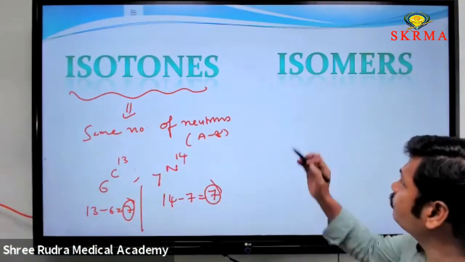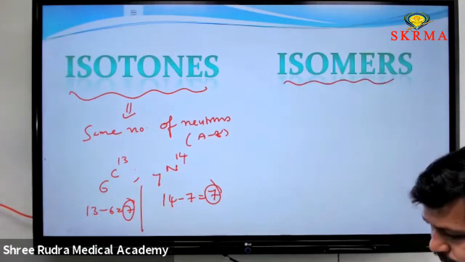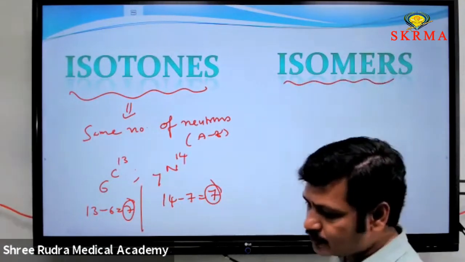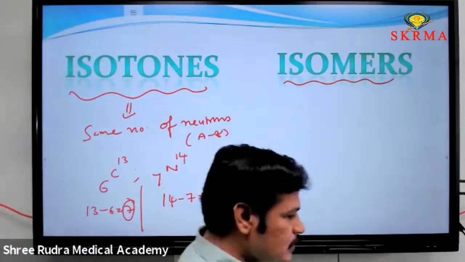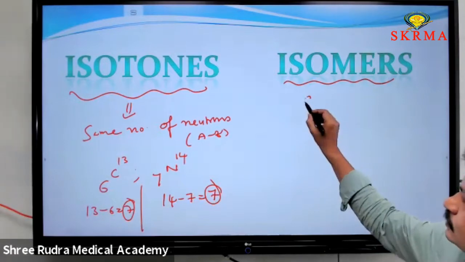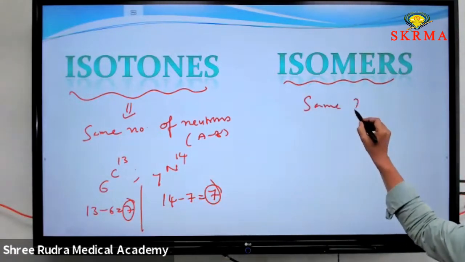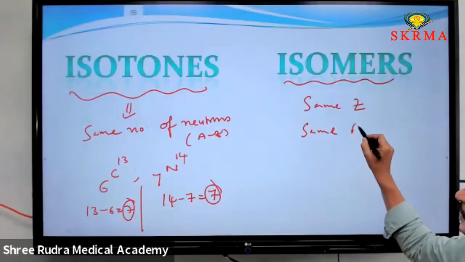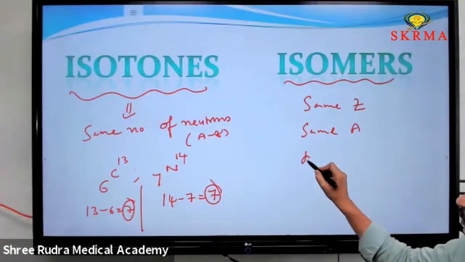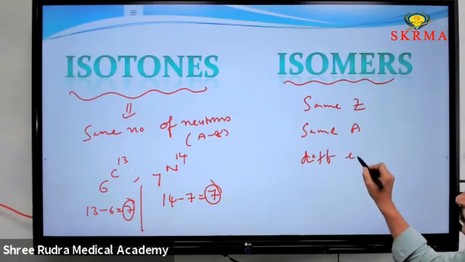The next type of nuclei are called isomers. Actually, this topic we also studied in chemistry. Isomers are nuclei with the same A and the same Z, that is the same atomic number and same mass number, but different energy.